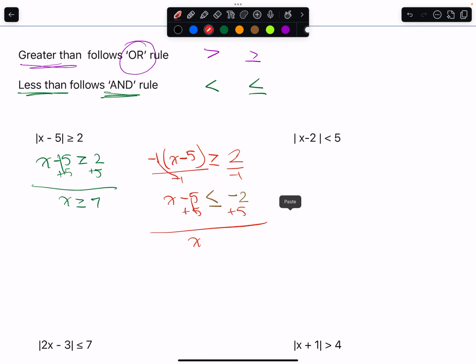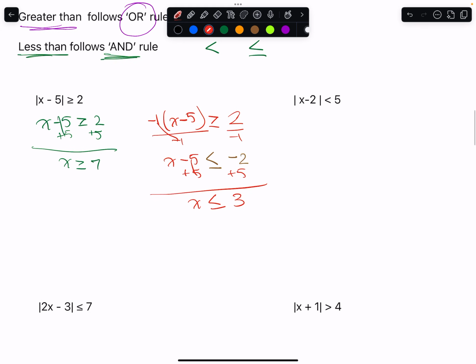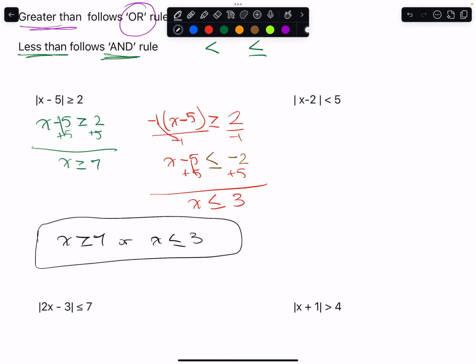X less than or equal to 3. So this equation simply states x can be greater than or equal to 7, or x can be less than or equal to 3. And inputting either one of these back into our original equation will simply give us our answer, where you can include the 3, you can include the 7, or you can be above 7 or below the 3.